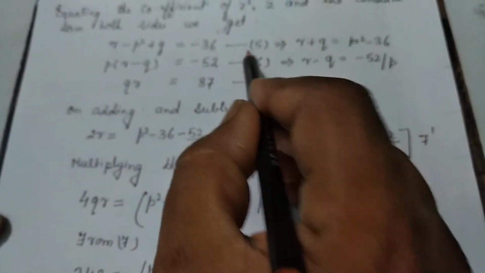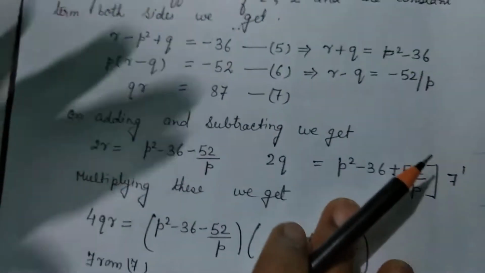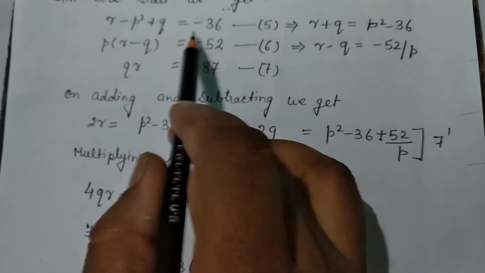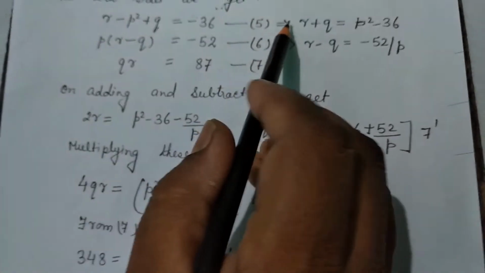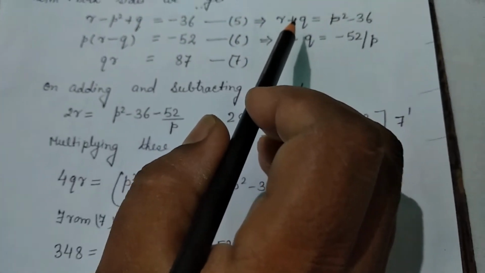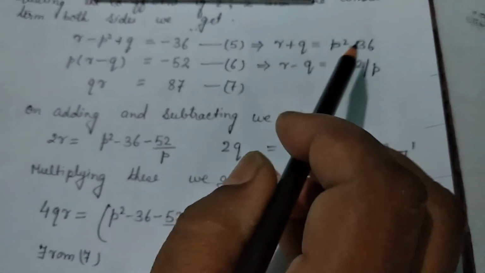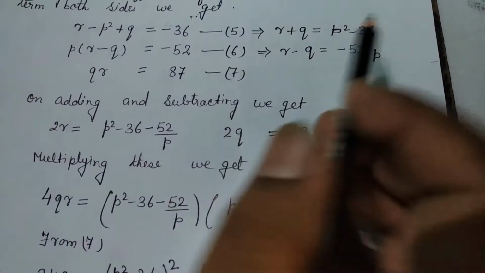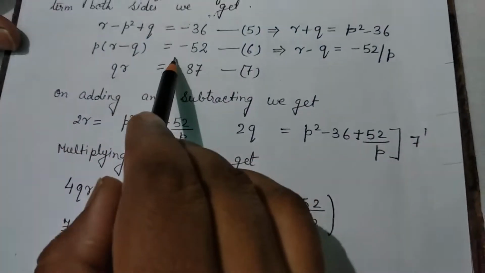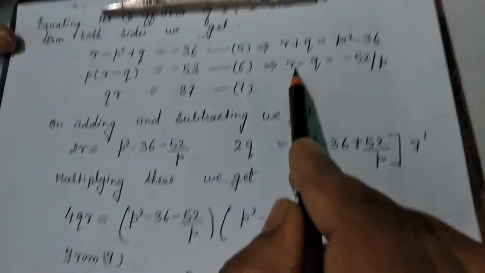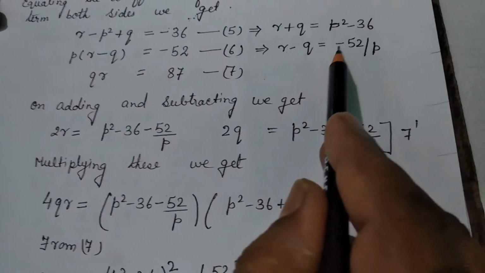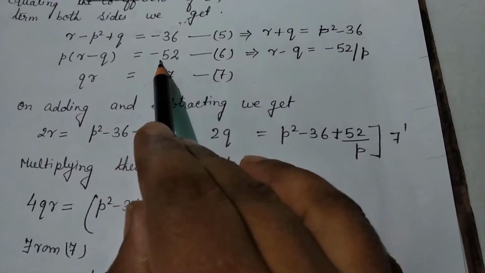So we will take it as equation number 5, 6 and 7. Now this equation 5 implies that r plus q is equal to p square minus 36. Equation number 6 implies r minus q is equal to minus 52 by p.